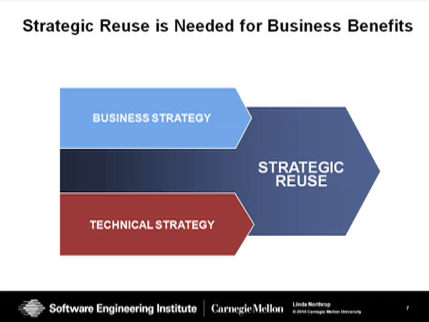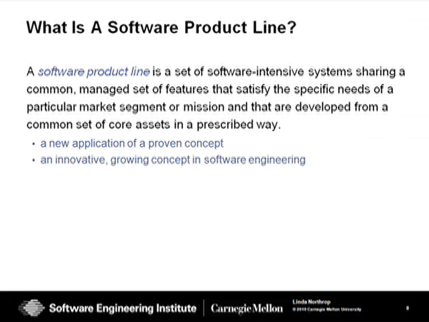In order to really have strategic business benefit from a reuse strategy, you need a strategic reuse strategy, a strategy that's going to marry technical and business activities. Software product lines are such a strategy.